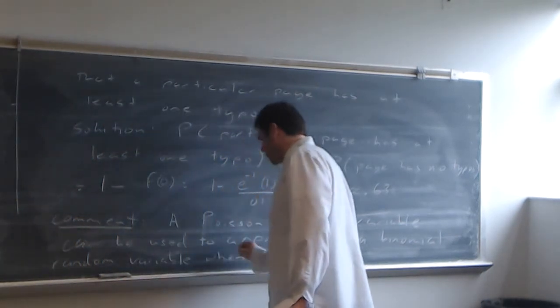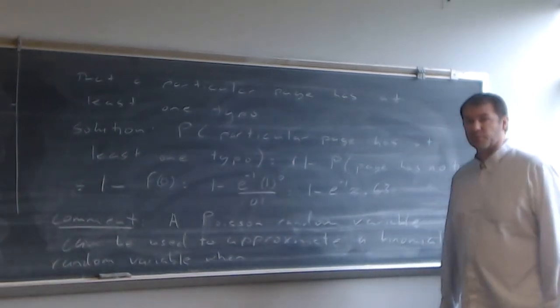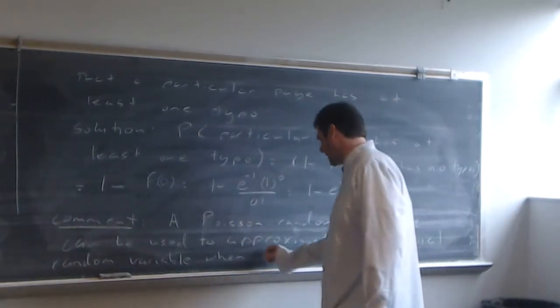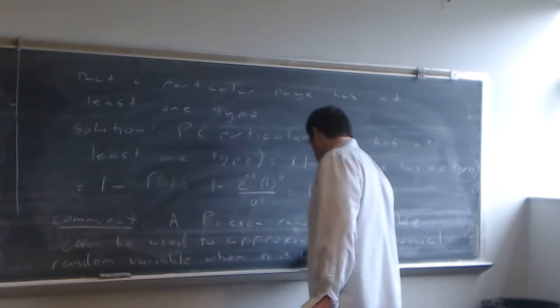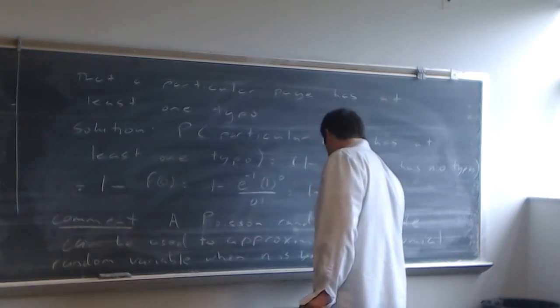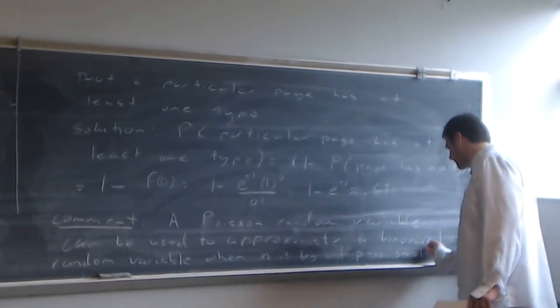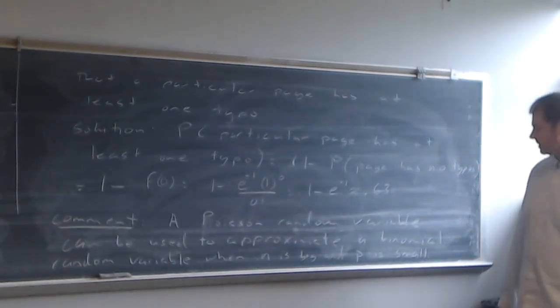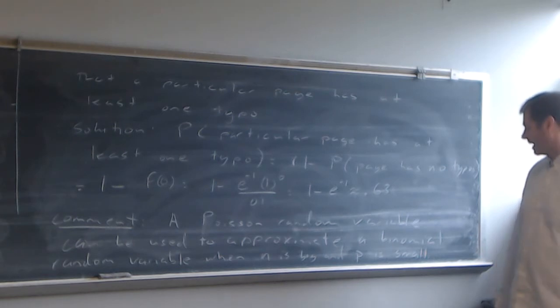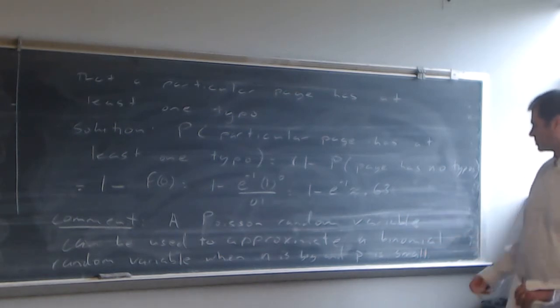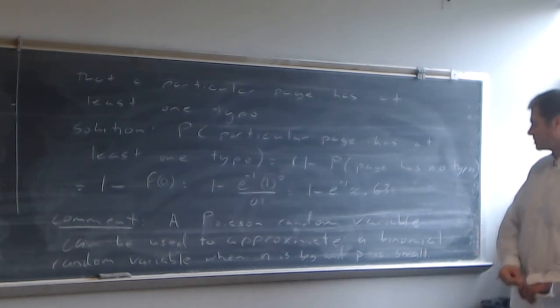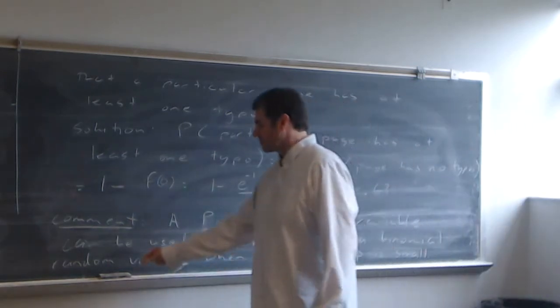A binomial random variable has parameters n and p. So when n is big and p is small. Remember, p is the chance of success occurring on each independent trial for the binomial random variable. And so when p is small and n is big, you did a bunch of trials, then you can use your Poisson to approximate the binomial. And I'm going to show you why.